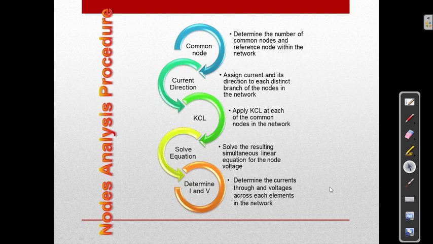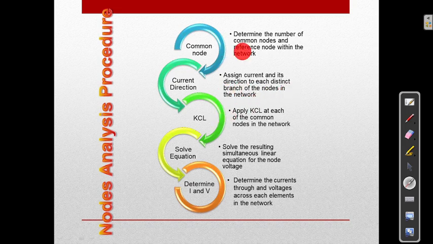Let's see what we have to do in nodal analysis. The procedure is, first we have to determine the number of common nodes and the reference node within the network. Then we have to assign the current and its direction to each distinguished branch of those nodes.